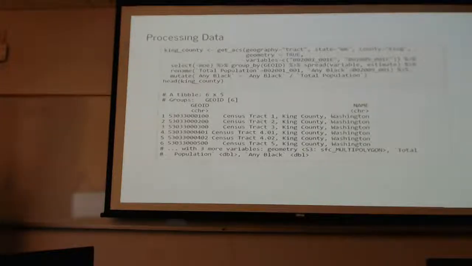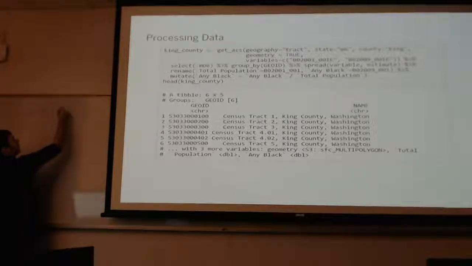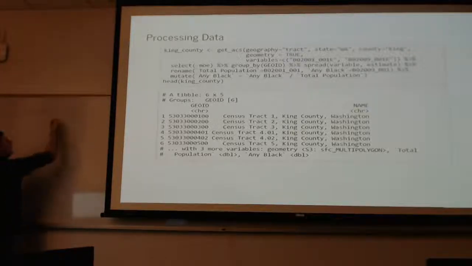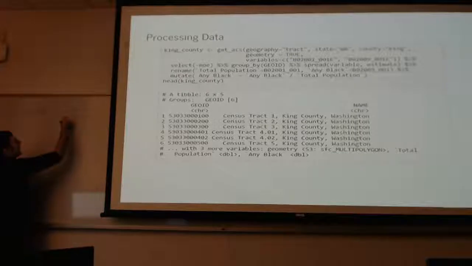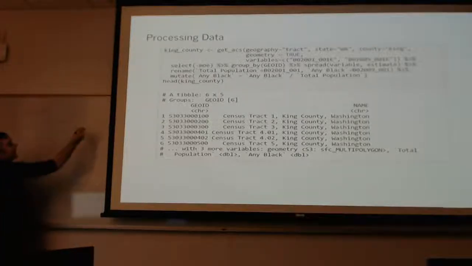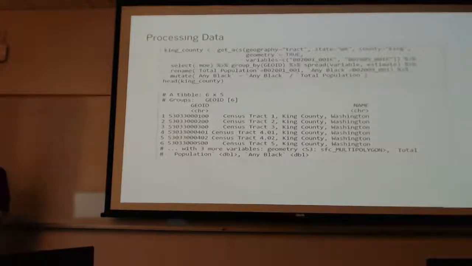Instead of giving each column as a variable, it gives one column called variable, and then within it, the value would be, for instance, any black, or total pop, and so on. So if you have every location, it's going to have one row for each variable, and then the value for each of those variables over here, right?